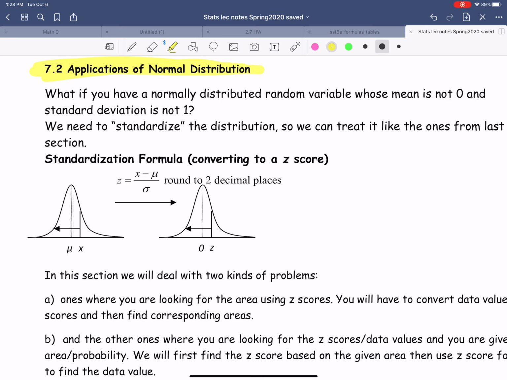So if we convert those to z-scores, the data values and the z-scores will be the same for standard normal distribution, which is not the case for normal distribution. We have a normally distributed random variable whose mean is not 0 and standard deviation is not 1. We need to standardize the distribution so we can treat it like the ones from last section.